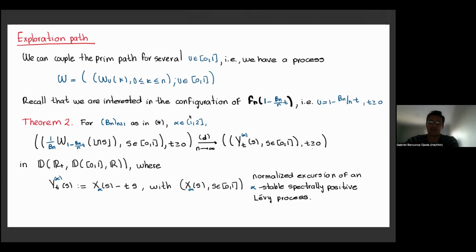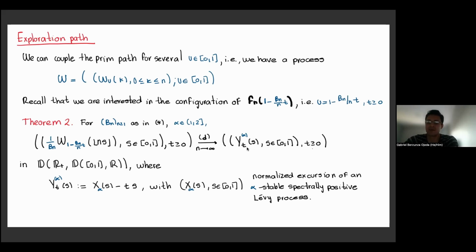What is left to do is to study this random walk in the right time window, which is when U is equal to 1 minus B_n, the supercritical region in percolation. Part of the proof is to check that, considering the sequence B_n, which is the same as appeared in the rescaling limit result for the trees, and rescaling this random walk properly, it converges in distribution to the right object.